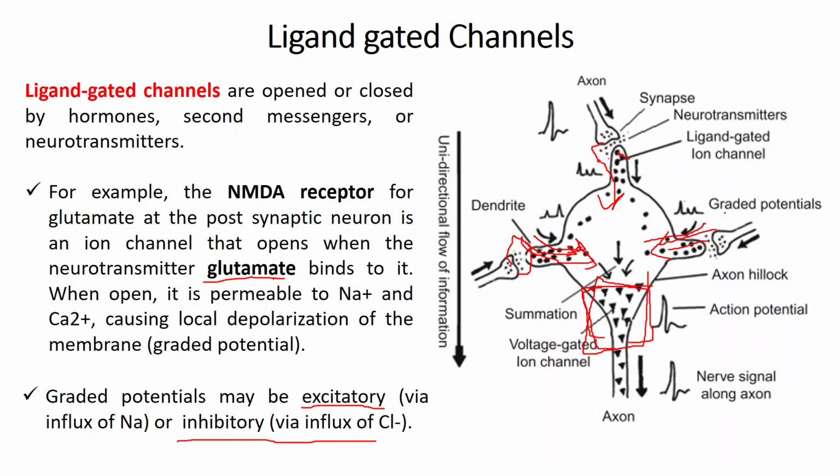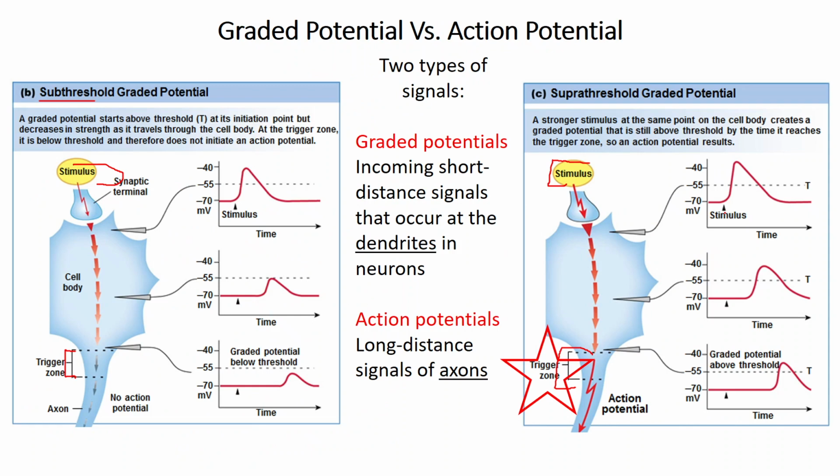If it's strong enough. So as it travels, you can see this as an example. If the graded potential was sub-threshold, by the time it reaches the axon hillock, it wouldn't depolarize the membrane at that particular location to the threshold, which is negative 55 millivolt. And if it doesn't take the membrane to that threshold, then the voltage-gated ion channels wouldn't open.